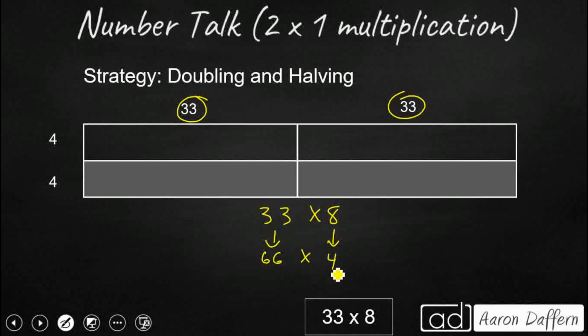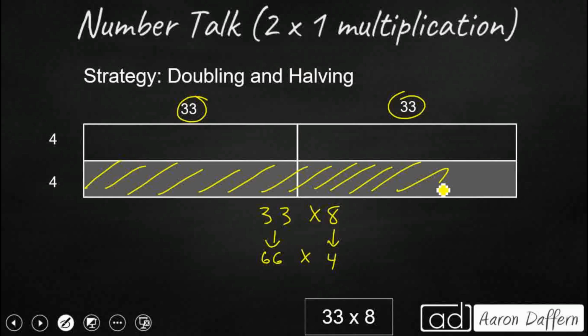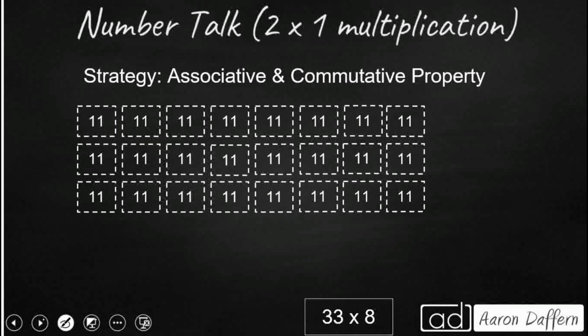So I'm going to take this 8 and cut it in half to 4. That's why we have all this gray right here. So I'm going to take this 66 and multiply it by 4, because 33 times 2 is 66, and 8 divided by 2 is 4. That's that doubling and halving, and that's going to get me my 264 once again.